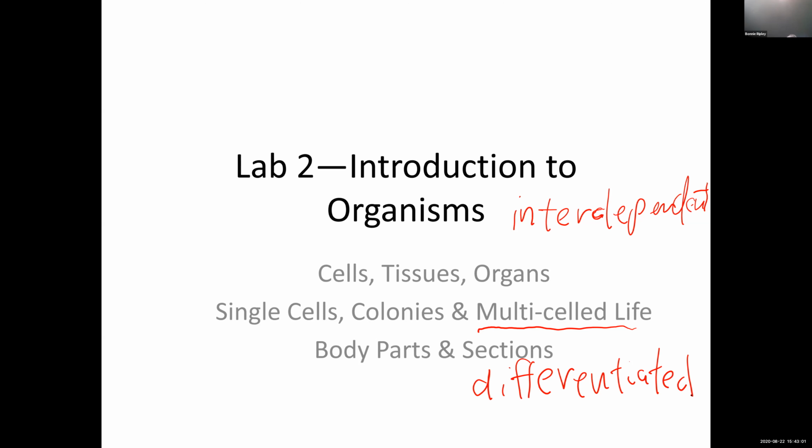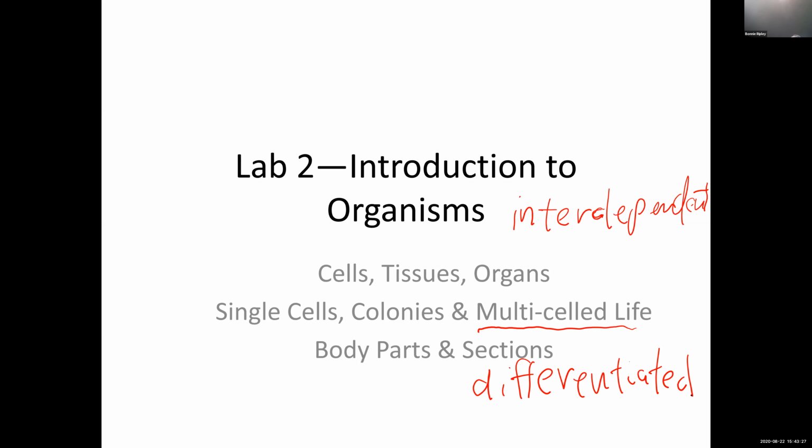They have a particular shape and function that's different from, say, muscle cells that are in our heart. So we have different kinds of cells, and because those cells have job specialization, they actually have to coordinate with one another and work together in order for the entire organism to be able to do all of its needed function. So those are our two characteristics of multi-celled life.